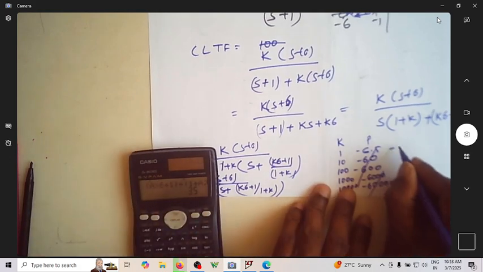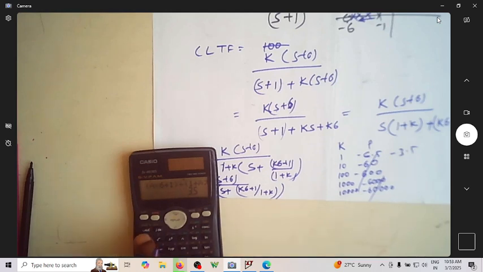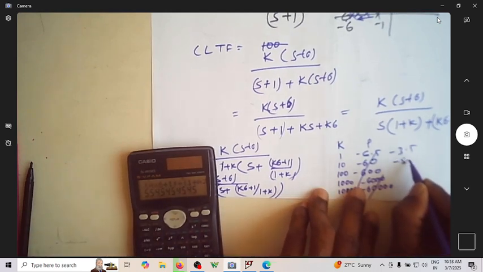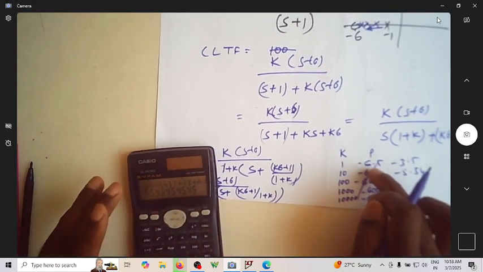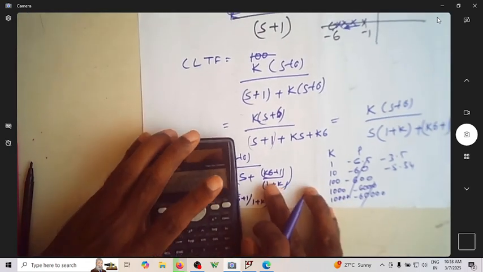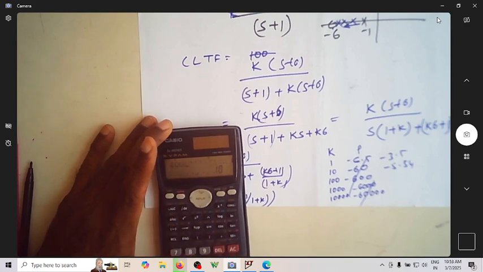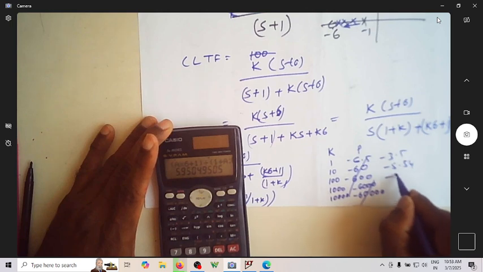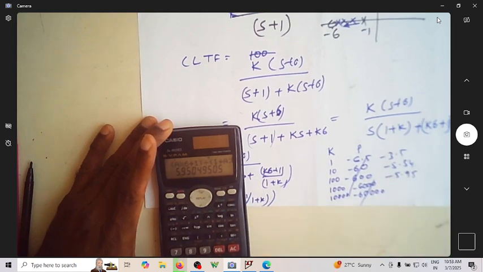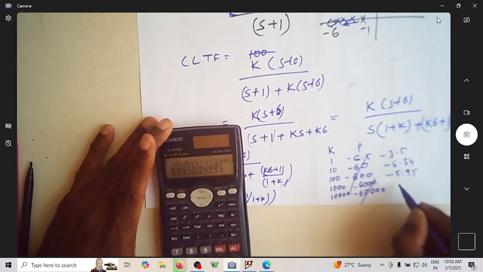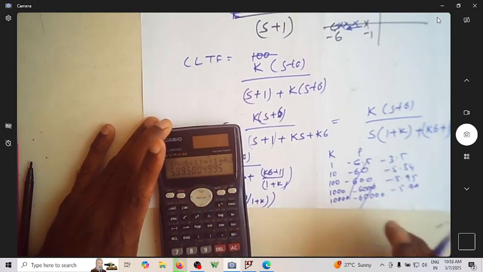It is minus 3.5. For k equal to 10, it is minus 5.54. So this is due to a wrong entry of my equation onto the calculator, and now for the next calculation it is minus 5.95. Next calculate for 1000, it is minus 5.99.